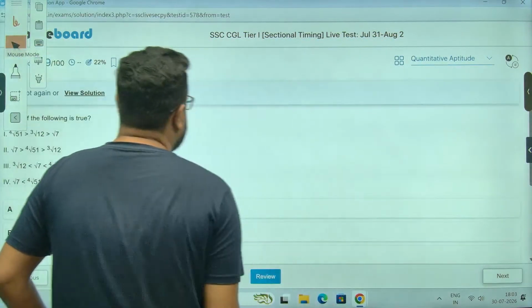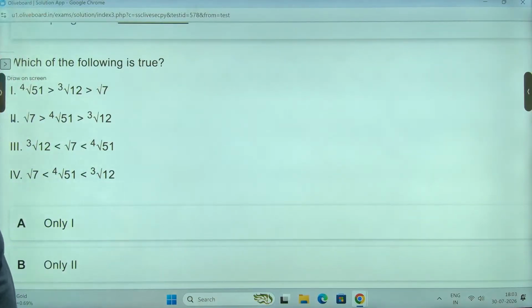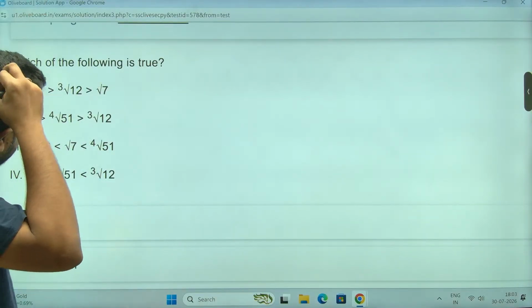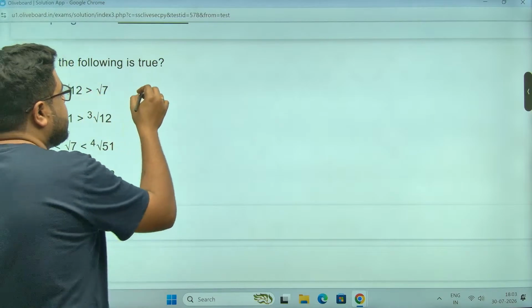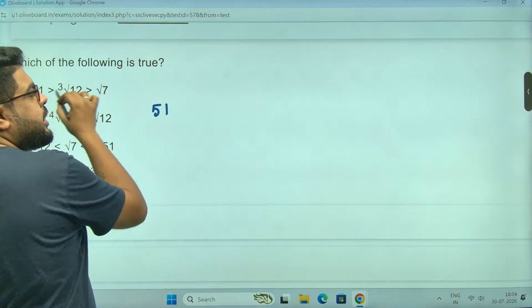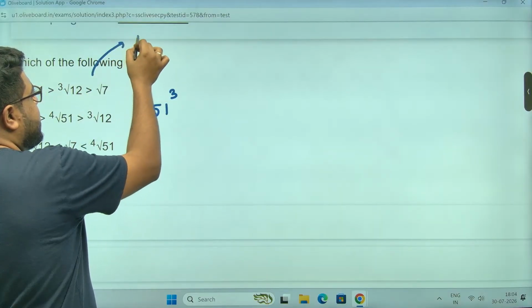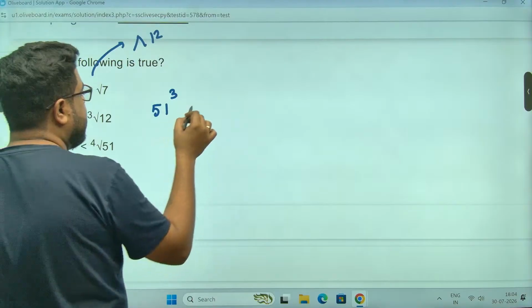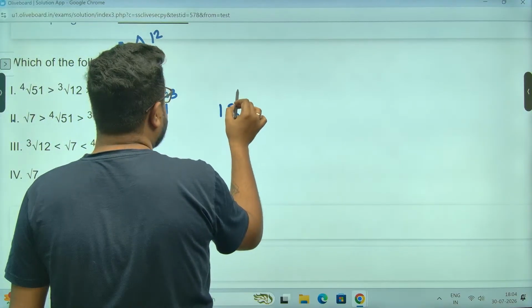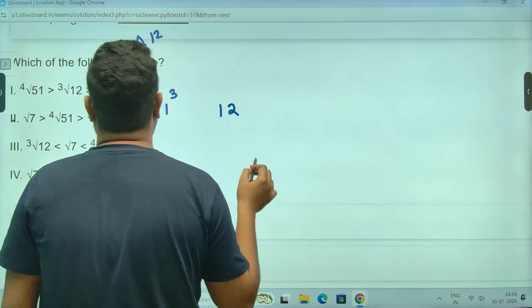Next one. What is given here? Fourth root of 15, again fourth root, third root, second root. Taking everything to the power 12. So this will become 51 to the power 1 by 4, so 51 cube. Again, I'm doing to the power 12. This is becoming 12 to the power 3, 1 by 3 meaning 4.